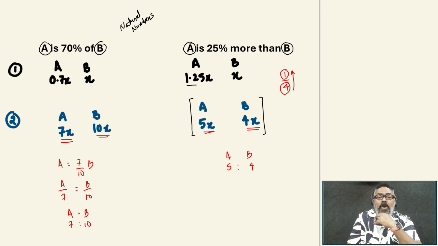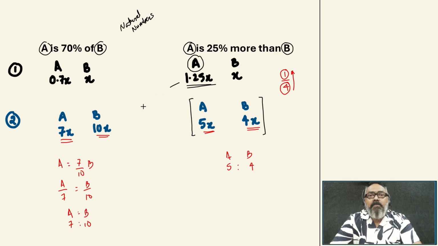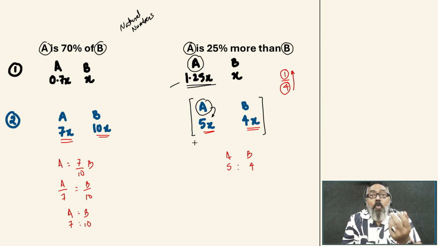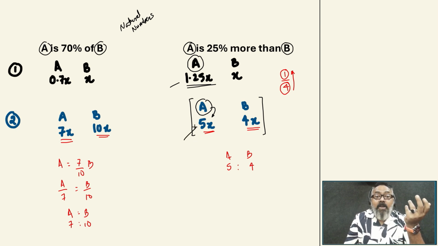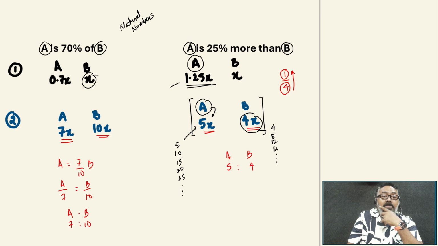If I look at the value 1.25x and A in fact is a natural number, tell me what are the values that A can take? It doesn't strike you immediately. But if I ask the same question here, if A equals 5x and A is a natural number, what are the values that A can take? Even if you say that okay, A is going to take value 5, 10, 15, 20, 25 and so on and so forth. B, since it is a multiple of 4, would be 4, 8, 12, 16 and so on and so forth.